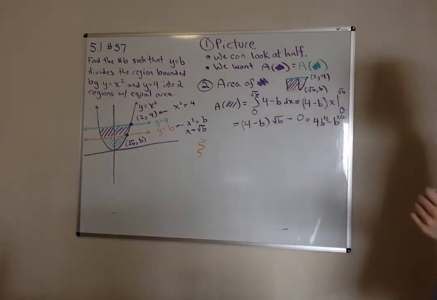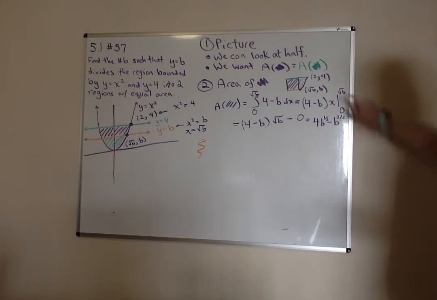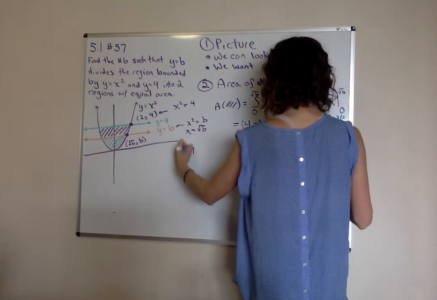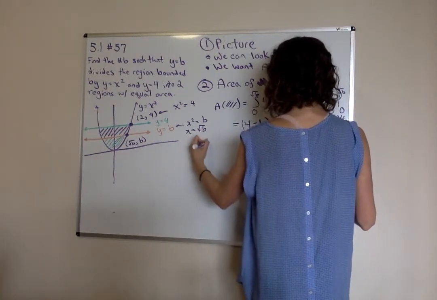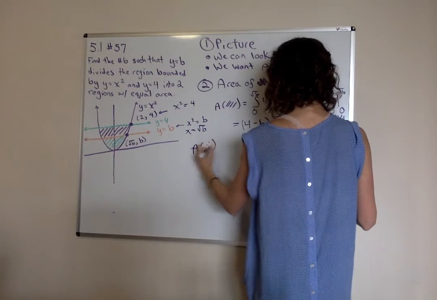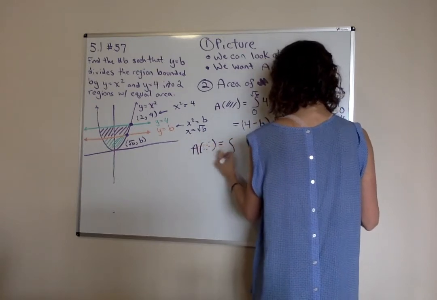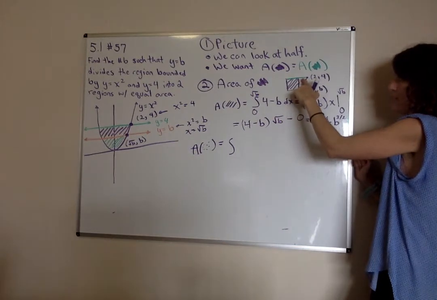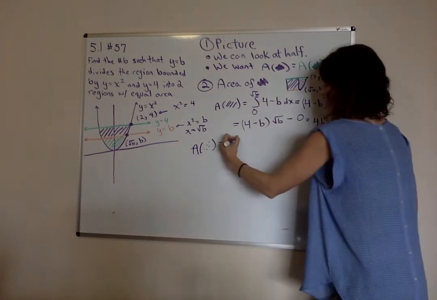Okay, cool. So now we're going to calculate the area of the dotted purple. The top function now is the green function, which is 4.